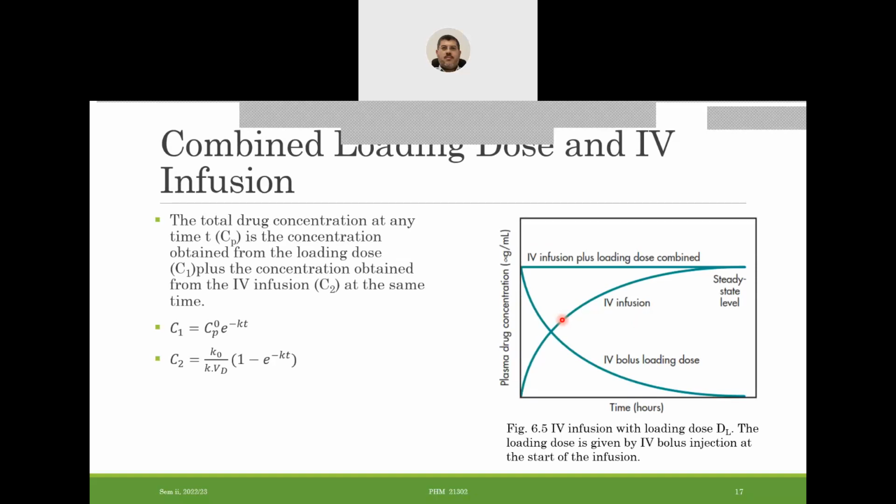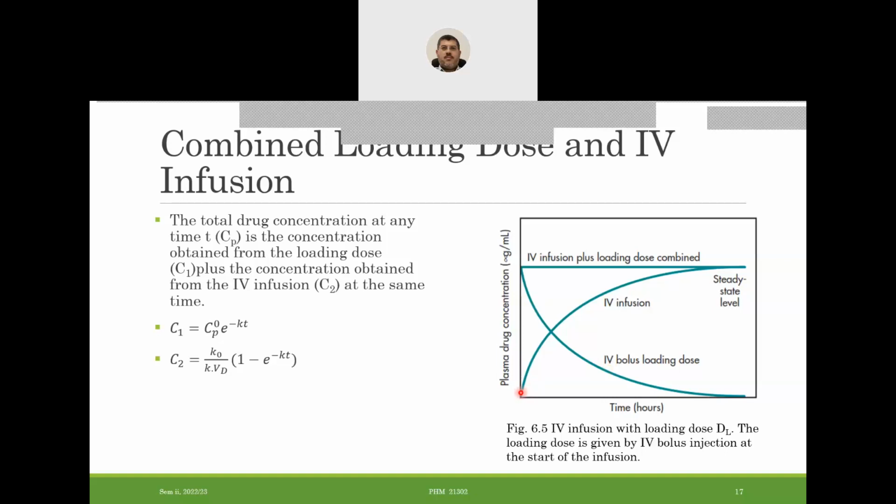Now, kinetically, this is what happens. You are giving by two methods: you give an IV bolus to achieve a certain loading dose, and then you also give an IV infusion. Imagine you do the calculation for each one alone. For the IV bolus, the concentration resulting from the loading dose will keep decreasing with time exponentially, one compartment model kinetics.